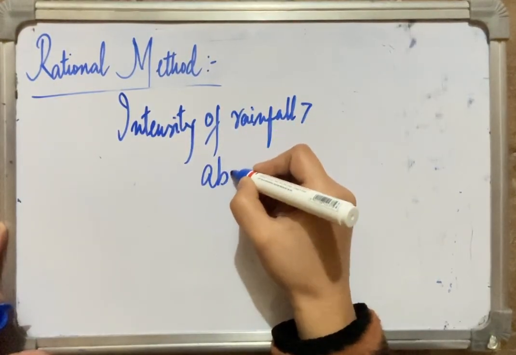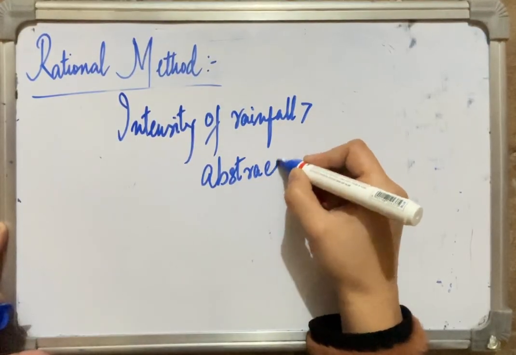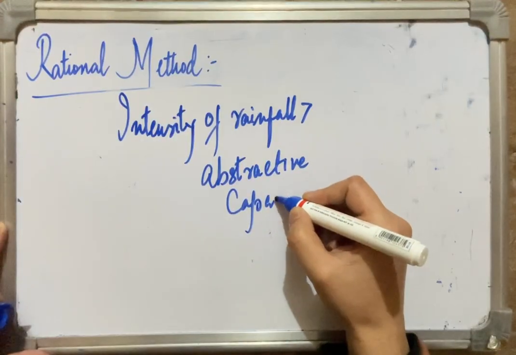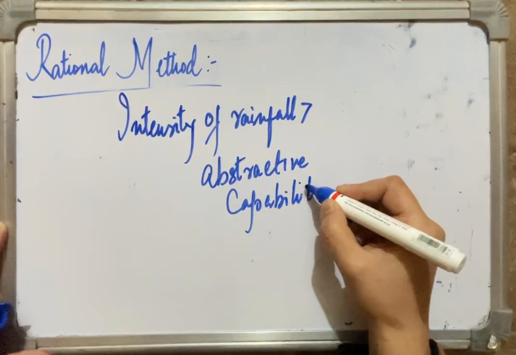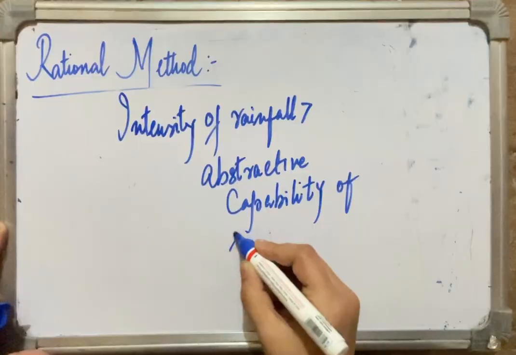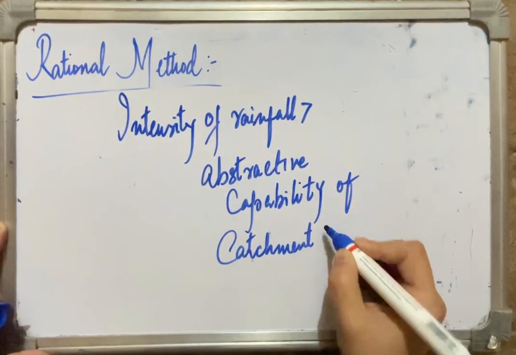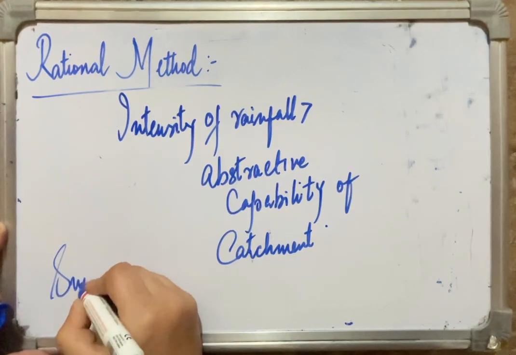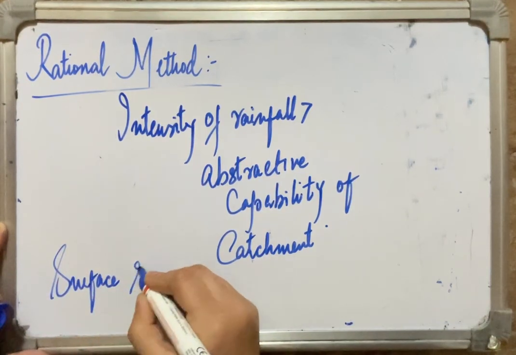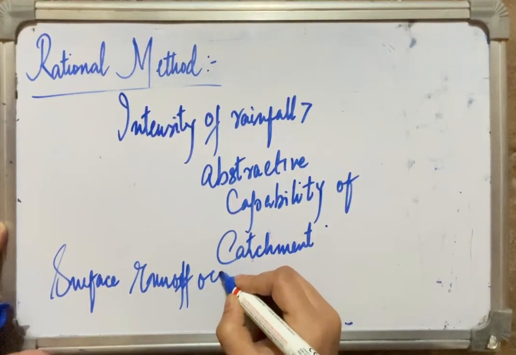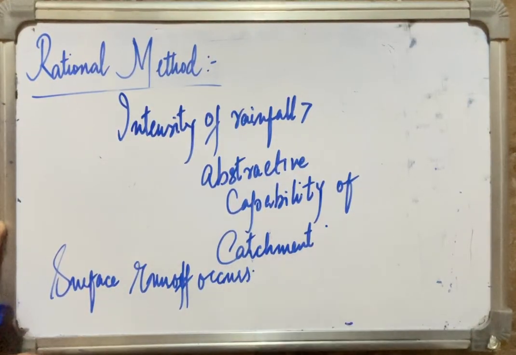The abstractive capability of the catchment, surface runoff occurs. Alright, so surface runoff will occur when the intensity of the rainfall exceeds the abstractive capability of the catchment.